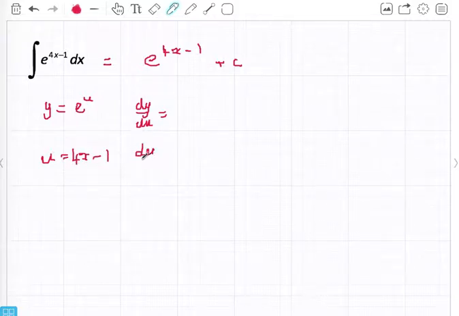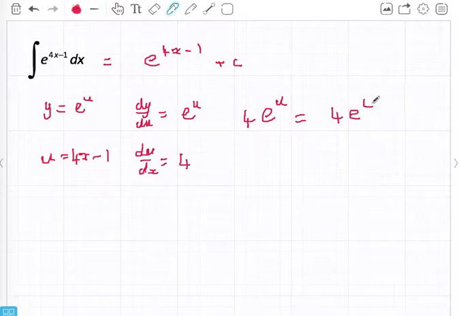So I'm now going to differentiate them both and put it together. When I differentiate this one, I get e to the u. When I differentiate this one, I get 4. Multiply these two together to see where I end up at the beginning. So now it gives me e to the u times 4, and of course that's 4e to the 4x minus 1.